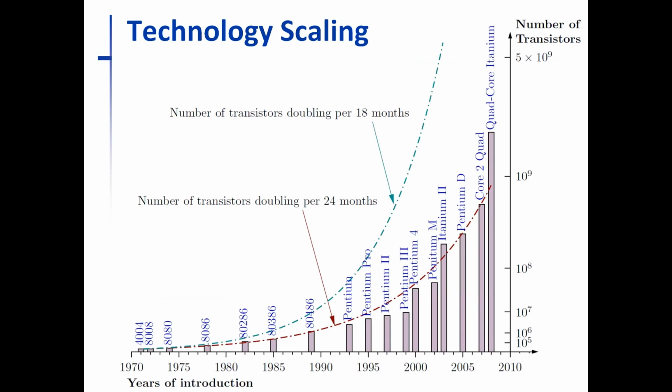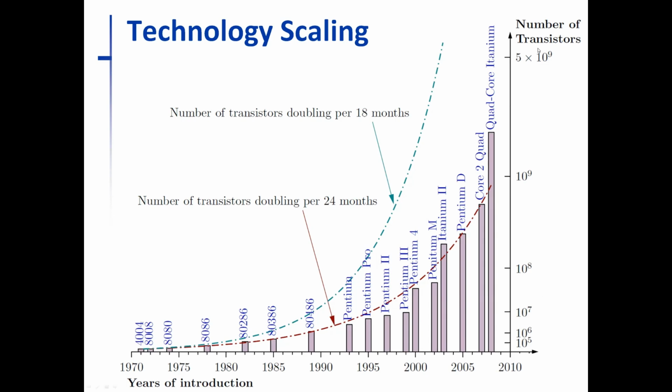So let's have a look at this chart. This chart shows the scaling of technology, how technology scaled or improved over the years. This is from 1970 to 2010, and this chart shows some processor models made by Intel, Gordon Moore's company, within this period.